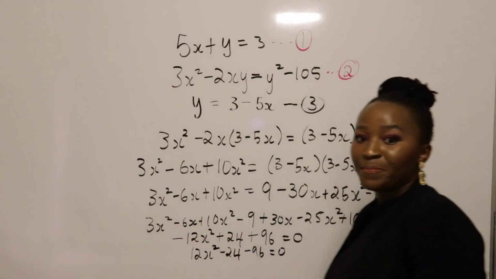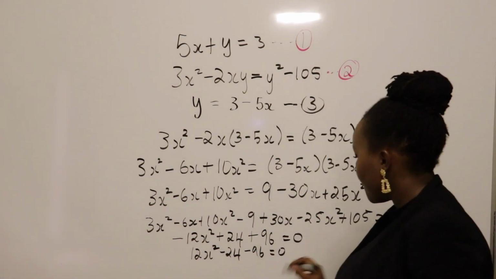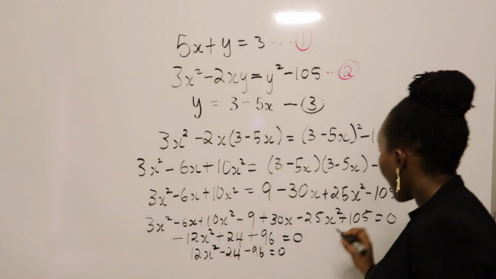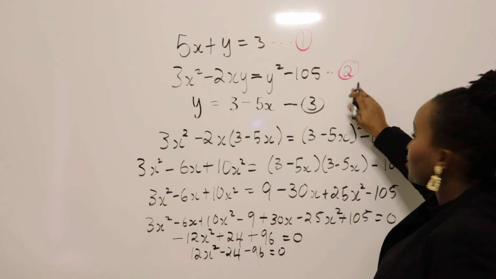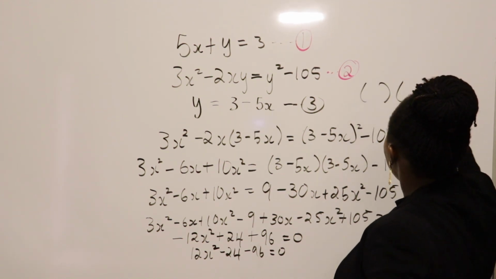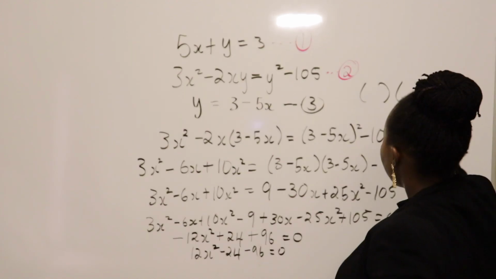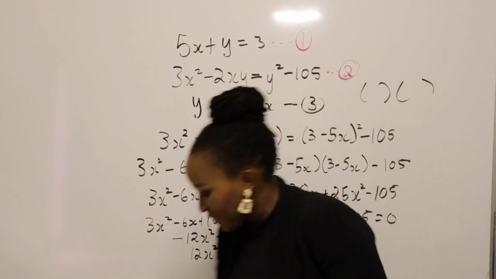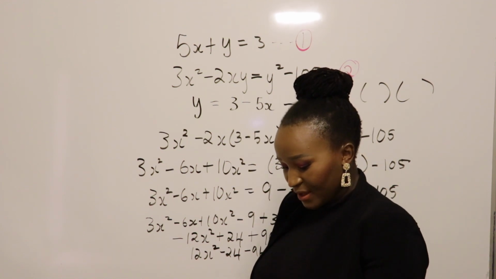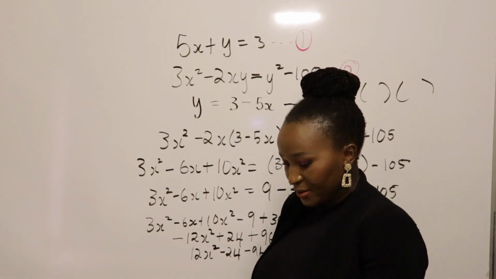So now I will find the final answer for x. Let me write here so that we can be able to see. So our expansion will be like this, and we'll press mode 5 3.